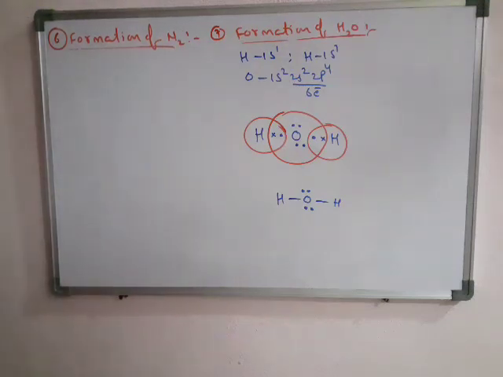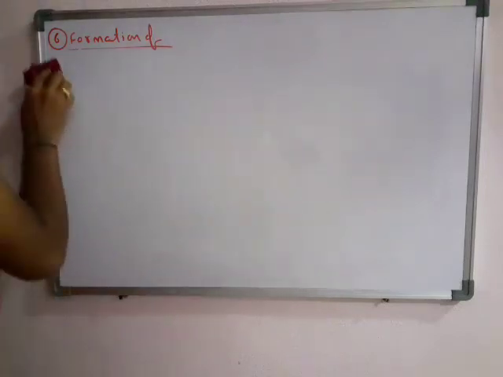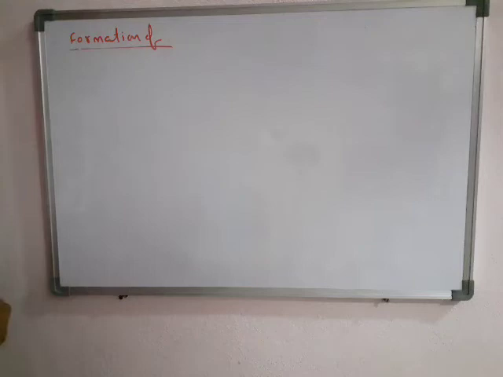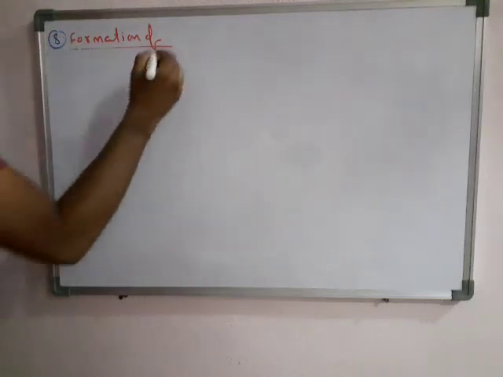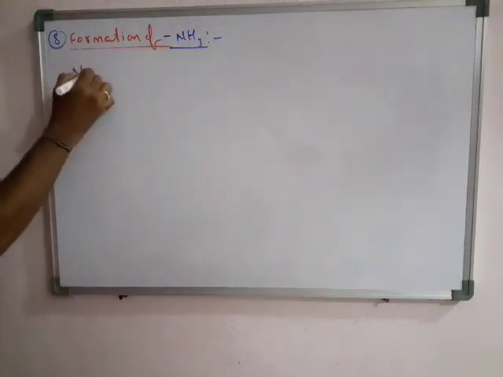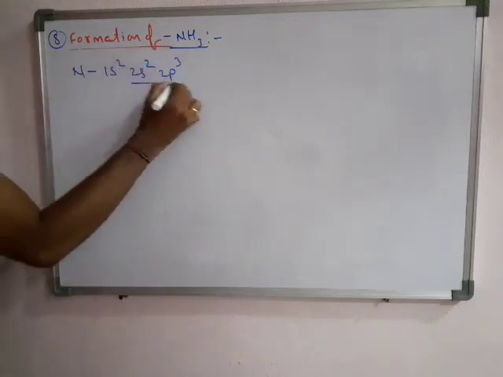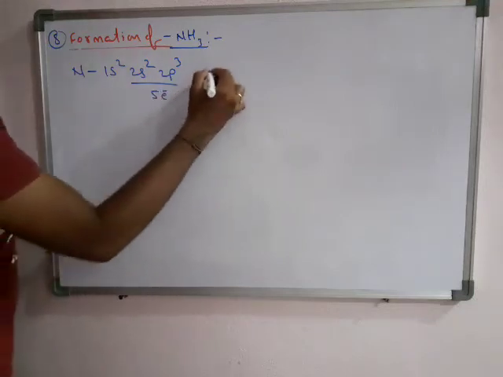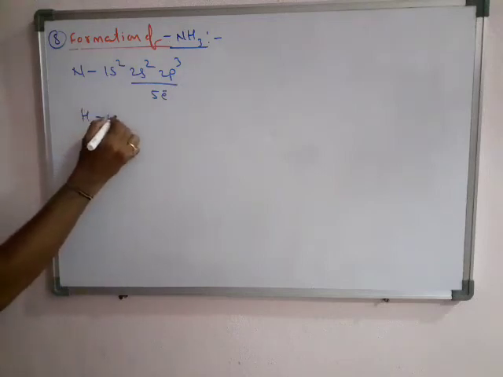Maybe the next one we can write, see the formation of ammonia. Here nitrogen needs 3 electrons. And what about the 3 hydrogens?